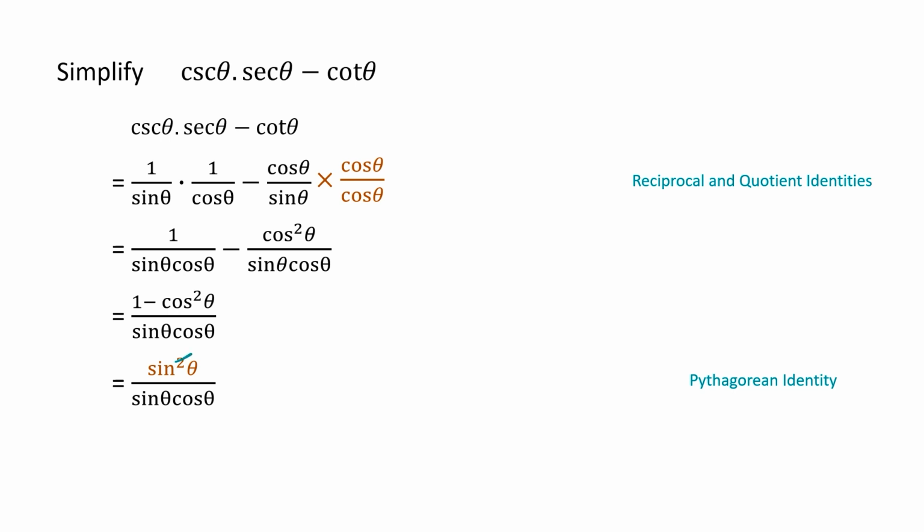So I can cancel one sine theta from the top and one sine theta from the denominator. We are left with sine theta over cos theta, which using the quotient identity is nothing but tan theta. You can see that I have been able to simplify a complex trigonometric expression just in terms of one trigonometric function, tan theta.